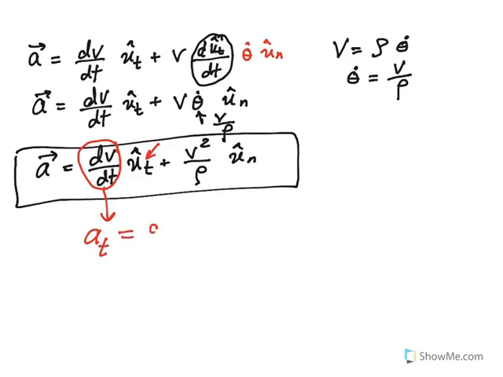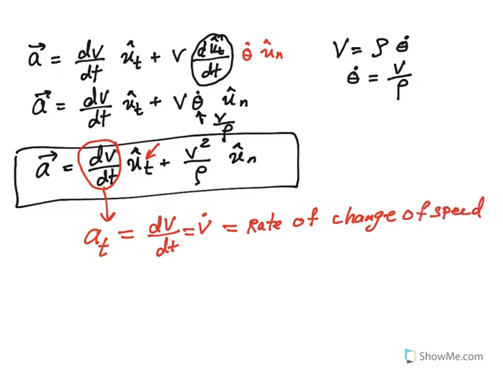of acceleration, dv dt, or v dot, or simply the rate of change of speed. So you see, the definition of the tangential acceleration is the rate of change of speed. And this guy, which is attached to the normal unit vector, must be a sub n. A sub n is v squared over rho.